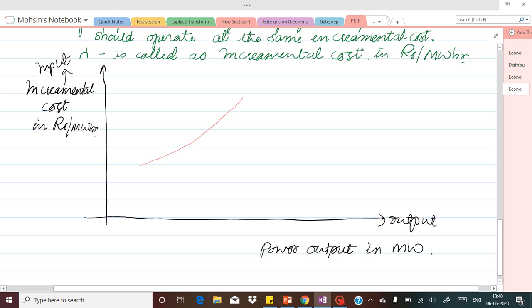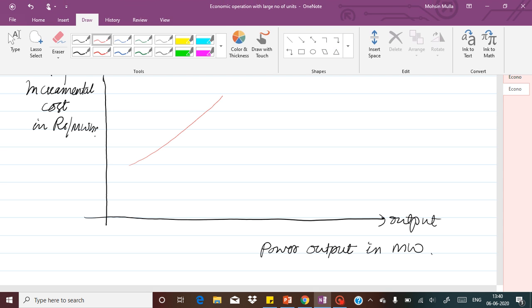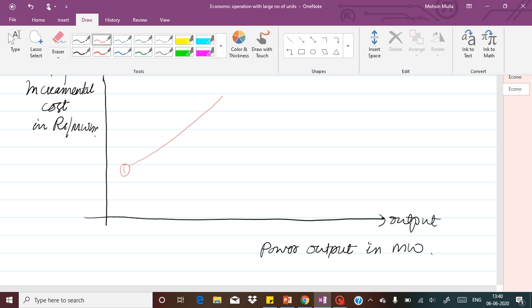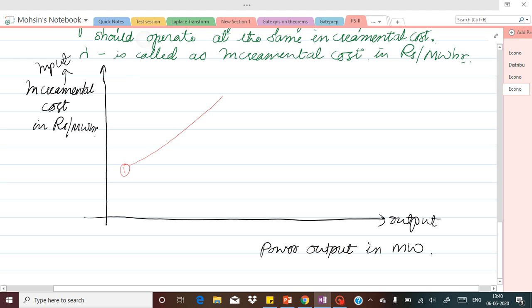So this is the curve for, say, the first unit. Similarly let me show one curve for the second unit, which is an almost linear looking curve.